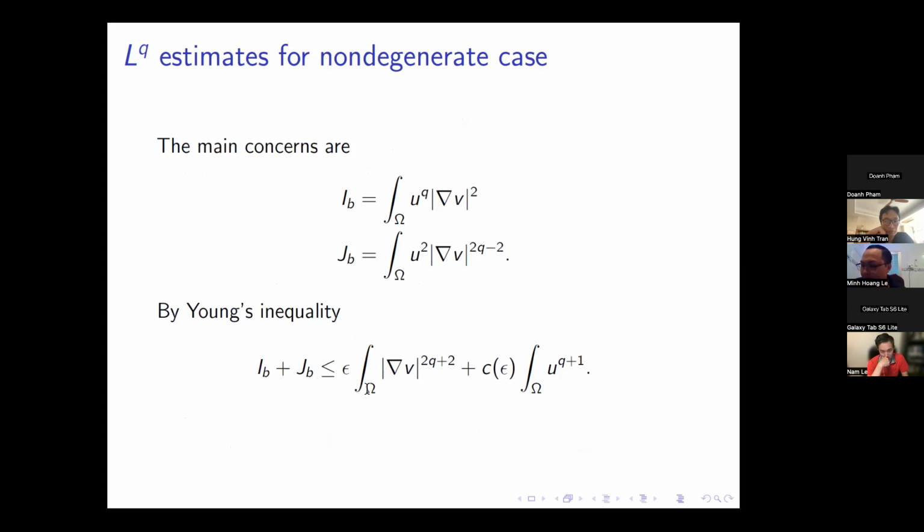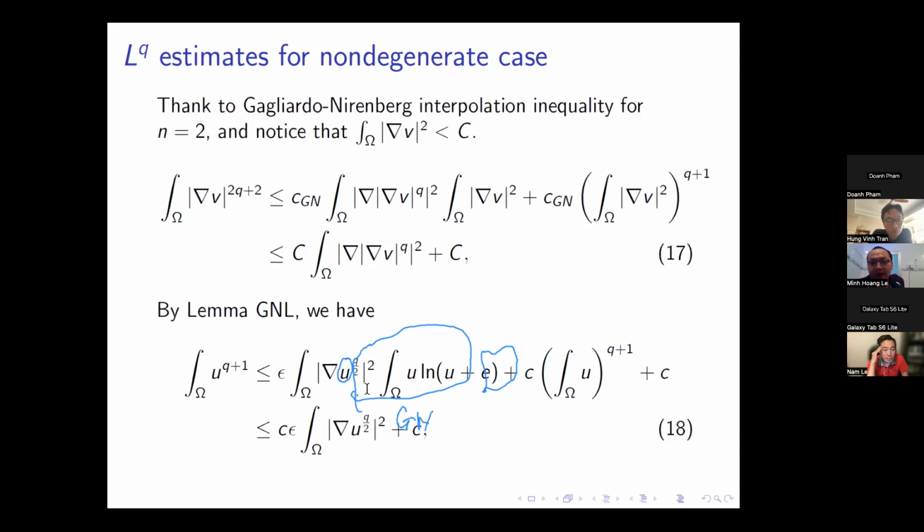For this term, we can just use the Gagliardo-Nirenberg inequality to obtain what we need, because we have epsilon here, so we can multiply by epsilon and control the size of the gradient of u and v. But for this term, if we apply the Gagliardo-Nirenberg inequality, it fails because the C epsilon here is big when epsilon is small. So we have to use the adaptation of the Gagliardo-Nirenberg inequality that I discussed before.